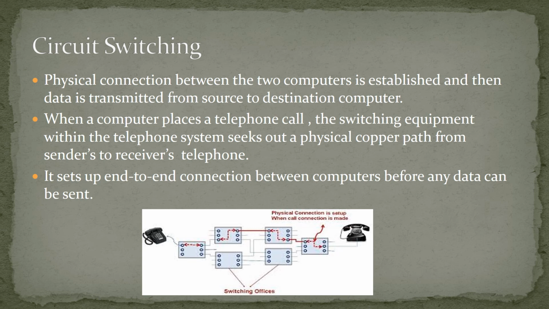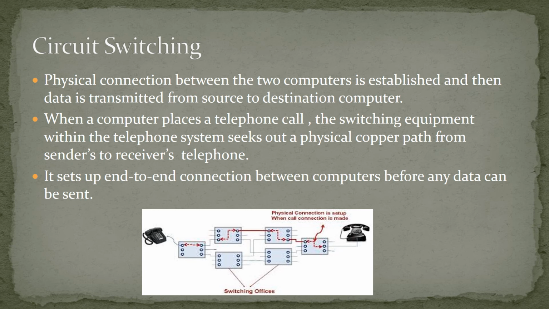Now, circuit switching. In circuit switching, a physical connection between the two computers is established and then data is transmitted from source to destination. If both the computers are not available at the same time to communicate, then we cannot have circuit switching. The circuit completes only if both computers are connected to the network and are in a state of communication.